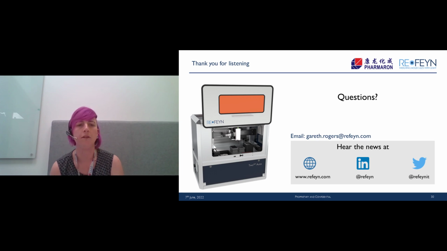We've looked at samples we already had from a process that was already developed, just to see whether it would be useful. We have a mass photometer purchase going through this year, so I will know more about that later. But with the mass photometer we're able to get a result in minutes, whereas for the AUC it takes an overnight run. So it is a significant improvement in the time taken.